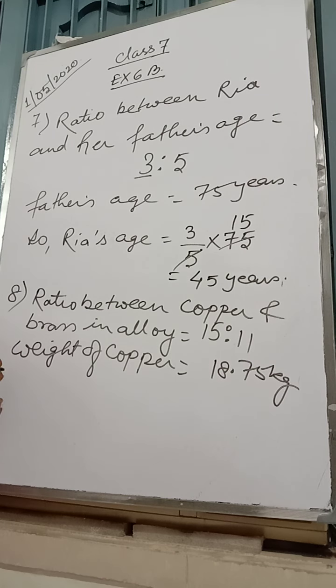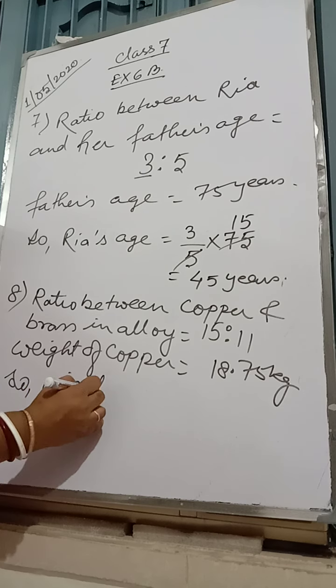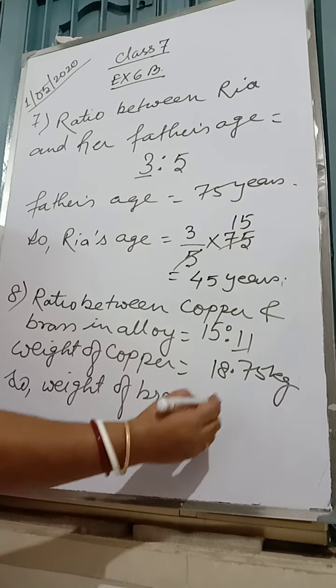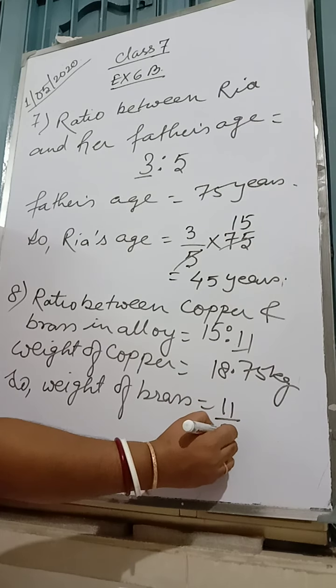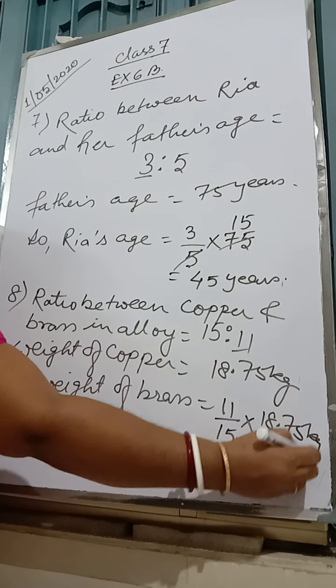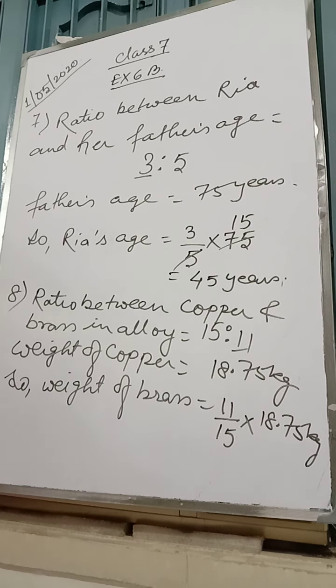So the weight of brass would be, what was the ratio for brass? 11. So we'll write 11 by 15 into 18.75. Understood? What we have to find, that always will be written as a numerator.